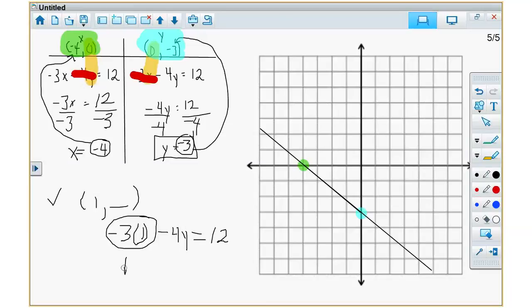You add 3, right? Negative 4y is equal to what? 15. Divide both sides by negative 4. And y is equal to, well, that's going to be 3 and 3/4, 3.75. Negative 3 and 3/4.